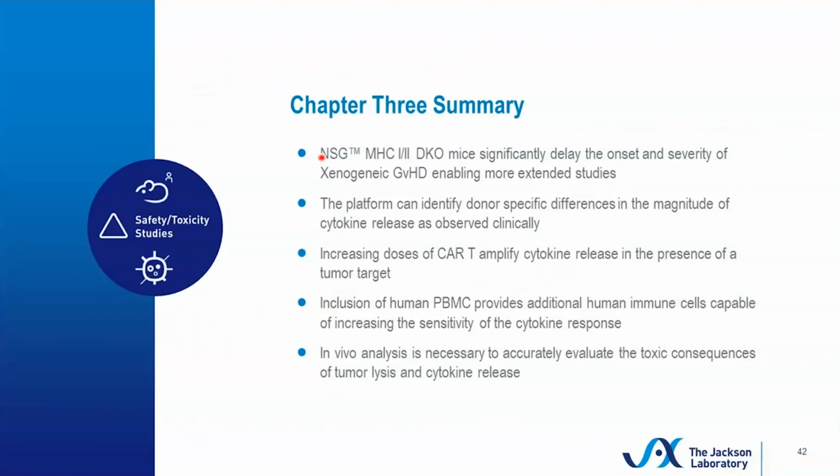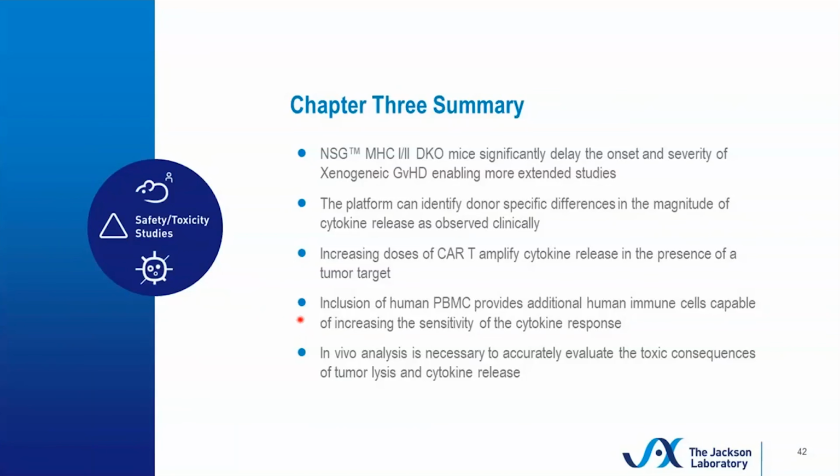So in summary of chapter 3, this NSG MHC double knockout mouse can significantly delay the onset and severity of xenogeneic graft versus host disease, enabling more extended studies of this model. The platform can identify donor-specific differences in the magnitude of cytokine release as observed clinically. Increasing doses of CAR T can amplify cytokine release in the presence of a tumor target, which is exactly what you would expect, and that's observed clinically as well.